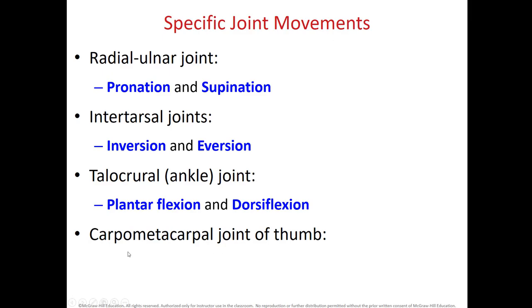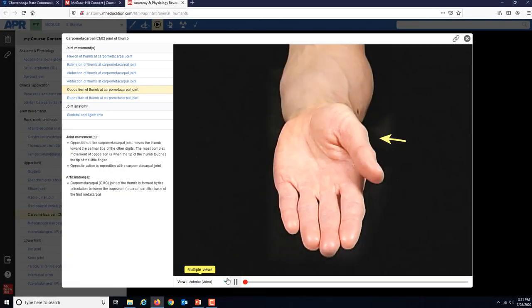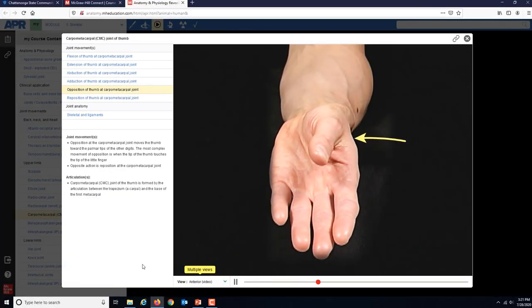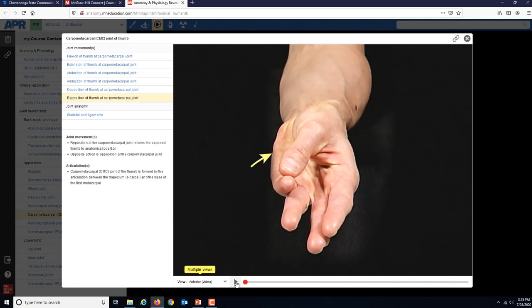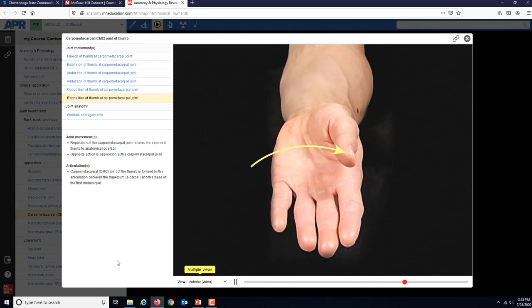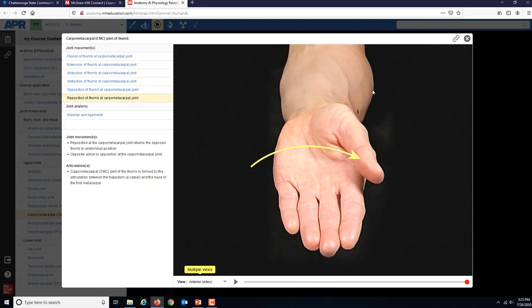The last specific joint movement is the carpometacarpal joint of the thumb. And the special movement is opposition. Most people know this as an opposable thumb. Here is opposition. Bring the thumb over, touch the little pinky. When we look at repositioning, this is returning the thumb back to zero position.